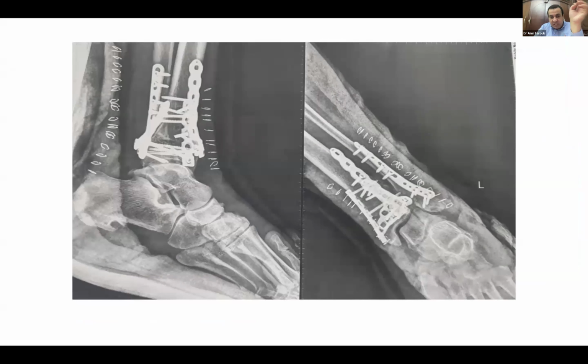A fragment specific fixation, as we have said, fixing every fragment with locked rigid plates, and it seems that the fixation is good, and it's clear that he has used the same approaches, a posterolateral approach and an anteromedial approach. Do you think something is bad about the fixation? Do you like the fixation?